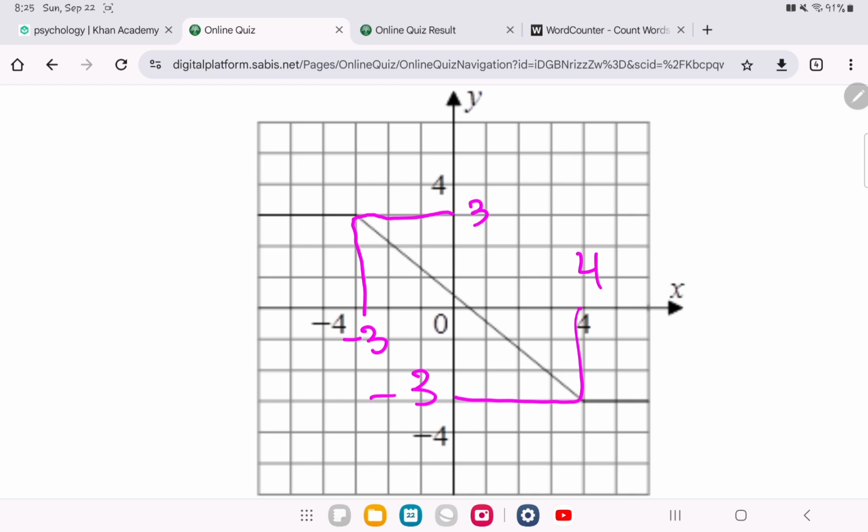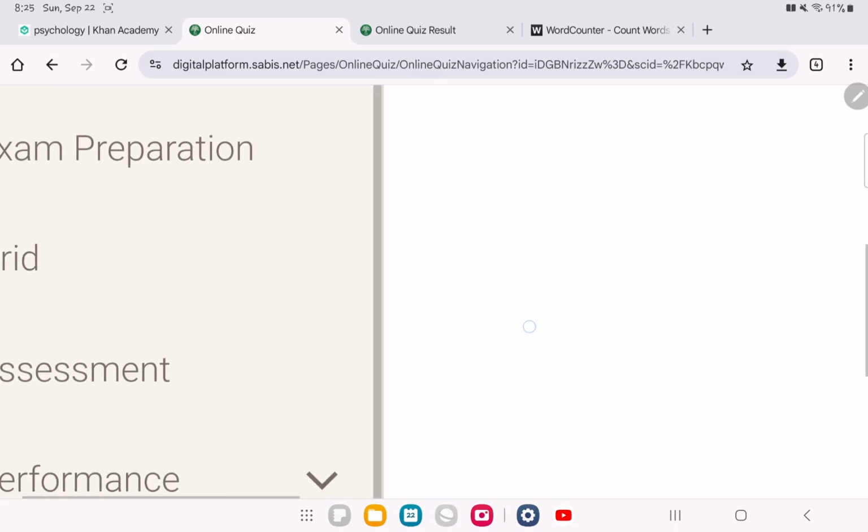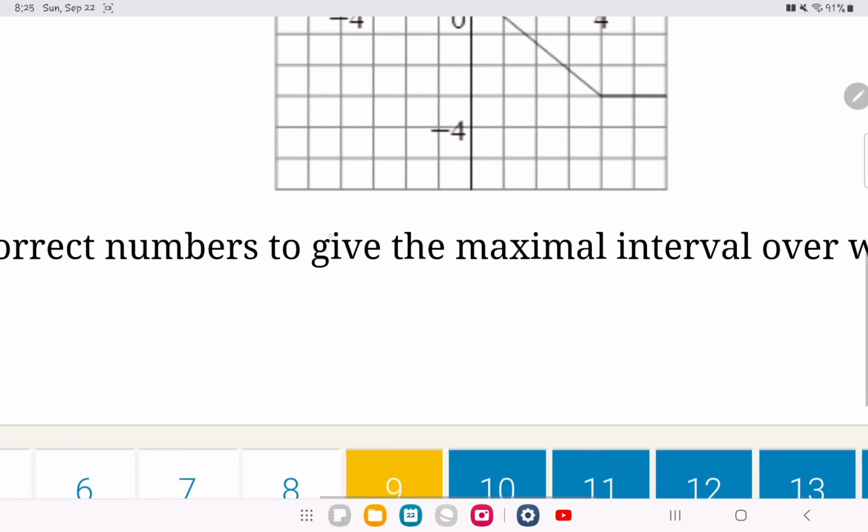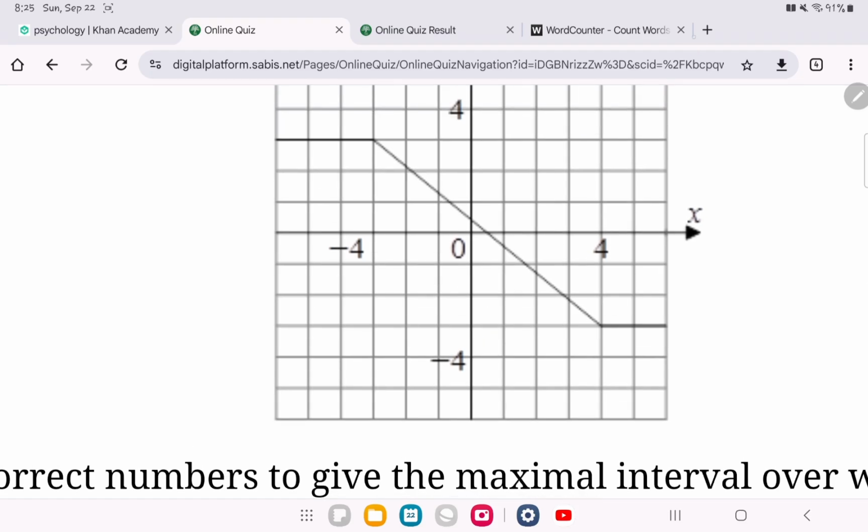So that means what? They're asking us x. Okay, it has to be greater than a number and smaller than a number. If you go back and we check what we pointed for x, we pointed minus 3 for x and we pointed 4 for x.